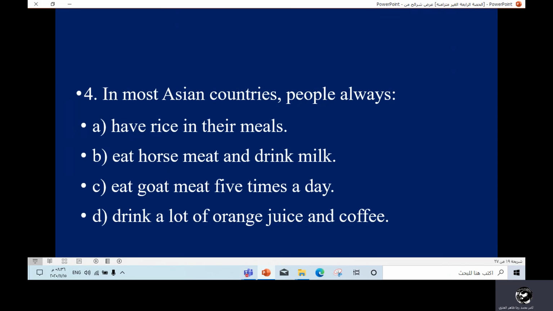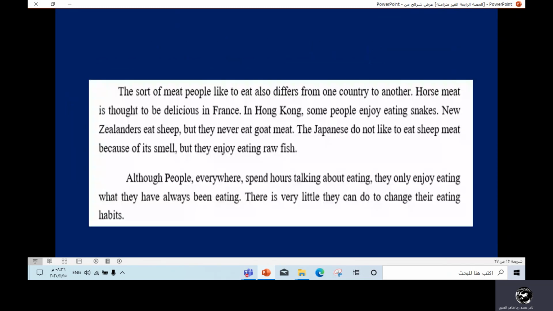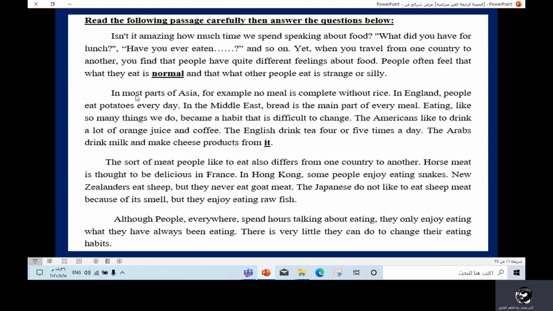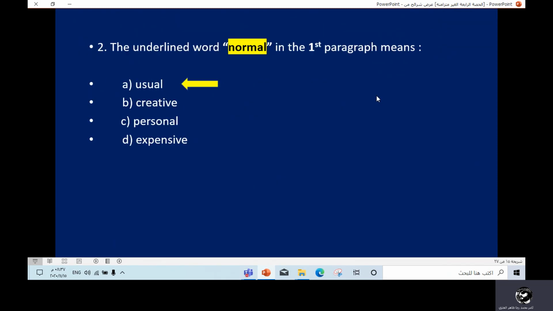Or maybe D, drink a lot of orange juice and coffee. So what do you think the Asian countries do here? That's right, have rice in their meals. When you go back to the text and read here, in most parts of Asia, for example, no meal is complete without rice. So this is the right answer.